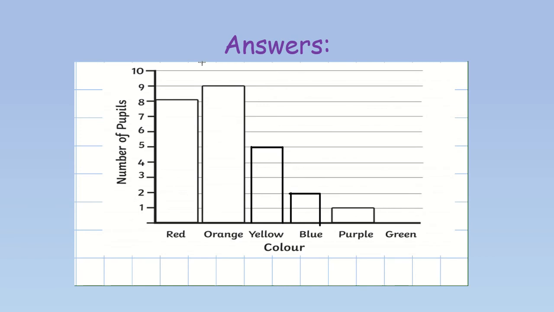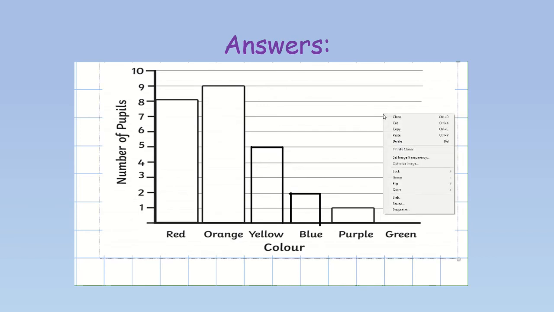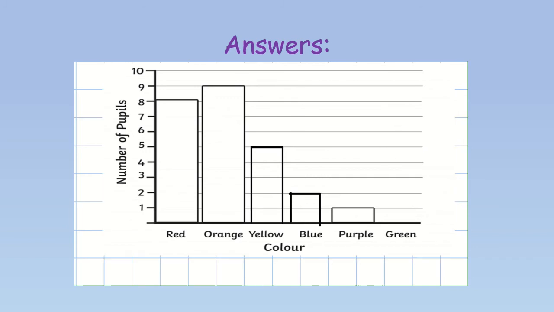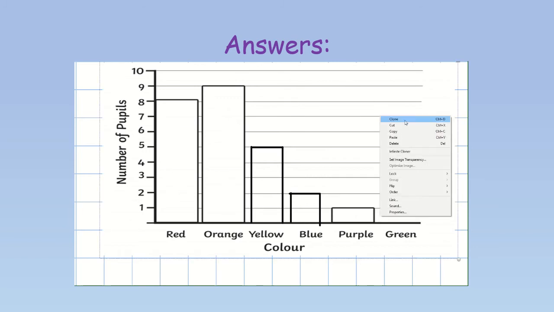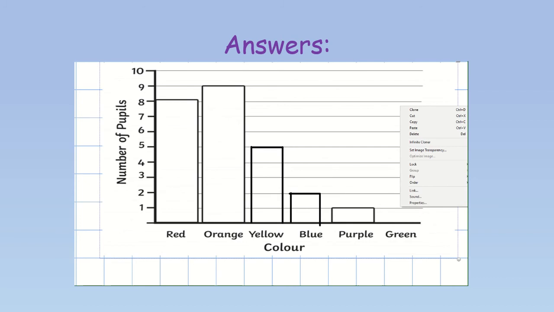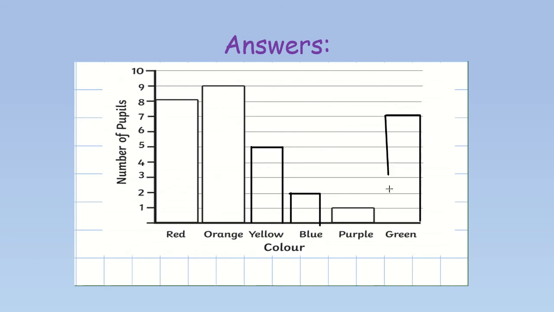So again, you should be going up to the number 7 and drawing your line across, and all the way down to green. Well done. Check yours carefully that your bar chart now looks something like this.